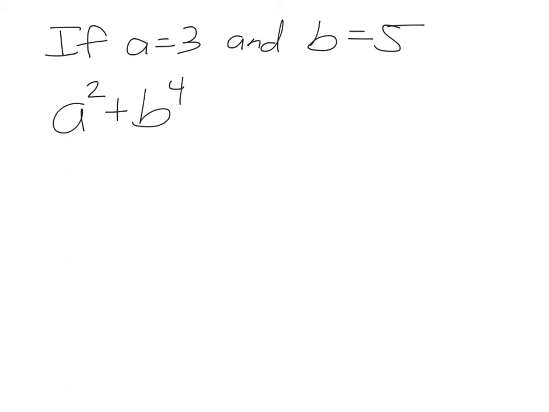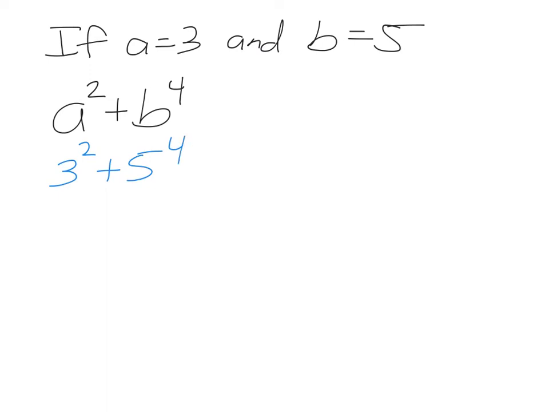In this case, all you have to do is plug in the numbers for the variables. So A is equal to 3. So this is going to be 3 squared. Plus B to the fourth, since B is 5, this is 5 to the fourth.